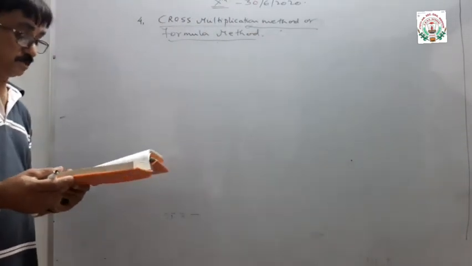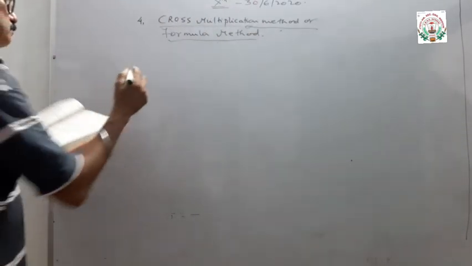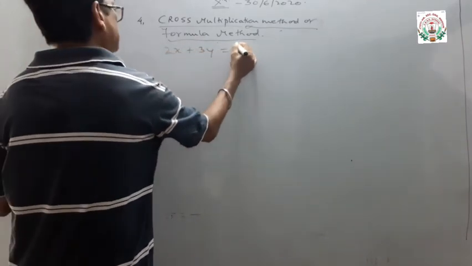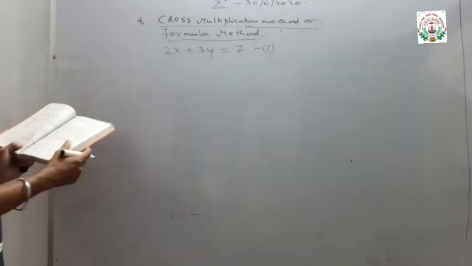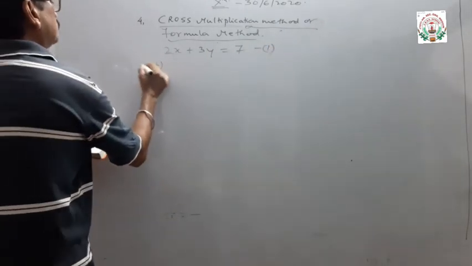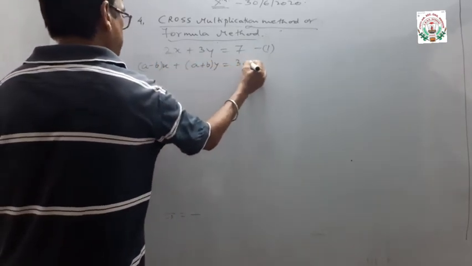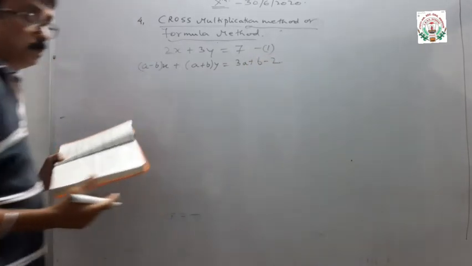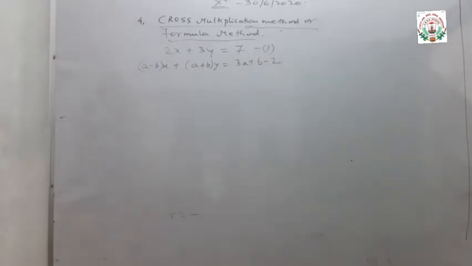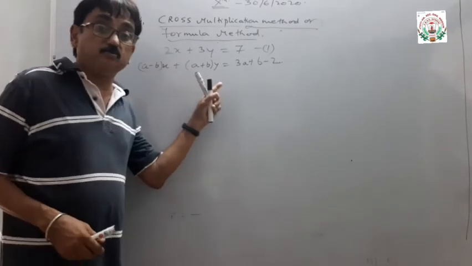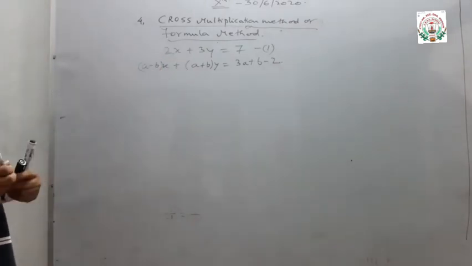Does the following pair of linear equations have infinitely many solutions? So the equations given to us are 2x plus 3y equals 7 and (a minus b) into x plus (a plus b) into y equals 3a plus b minus 2. Now here we have to find the values of a and b, so that for these values of a and b the equation has infinitely many solutions.